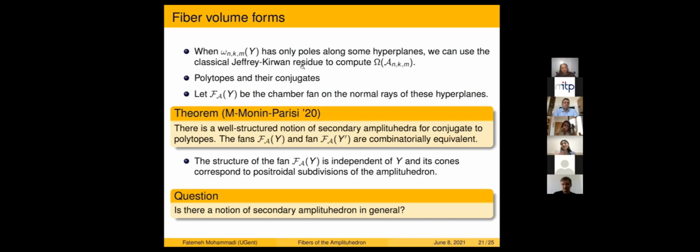So if you can come up with another way to compute the residues of these forms and extend the results of Jeffrey-Kirwan residues from hyperplane arrangements to different kinds of geometric objects, defined not just by linear forms but maybe by quadratic forms, etc., then you can apply the same arguments to construct such fans for the subdivisions.